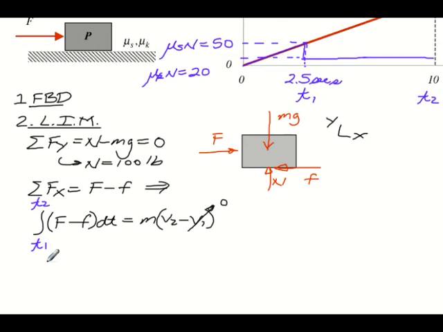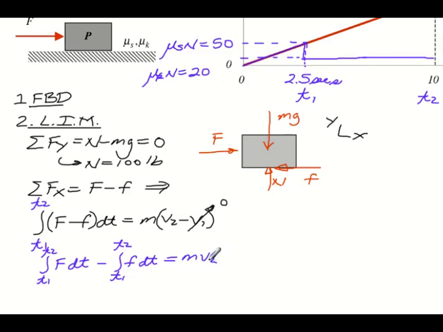Okay, so what I will do is integrate F from T1 to T2, and then integrate the friction force from T1 to T2, and that's equal to mv2.